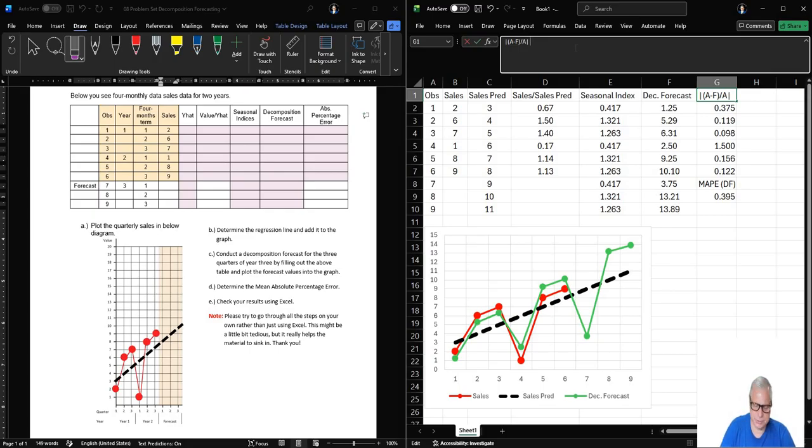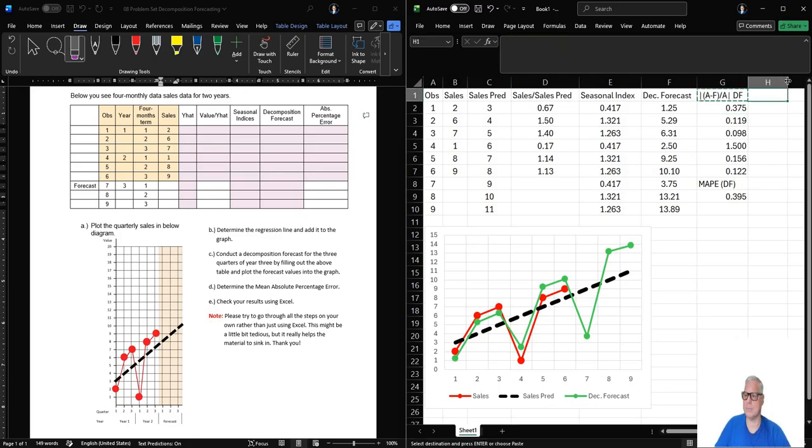So this was the decomposition forecast, and if we calculate the same, the absolute difference between the predicted sales minus the actual sales divided by the actual sales.